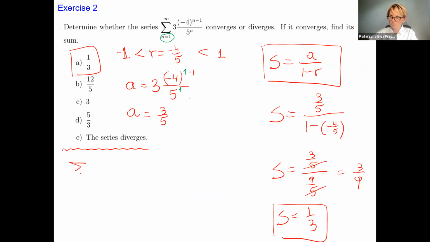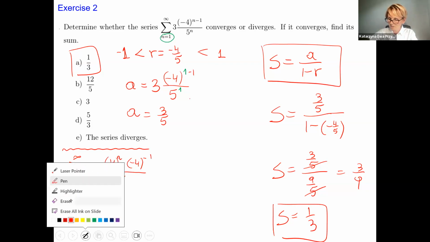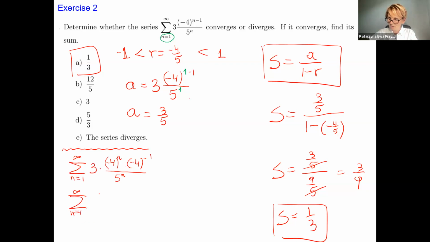We don't have to use the algebra so much. You did this, right? 3, and then -4 to the power of n, -4 to the power of -1, and then 5 to the n. That means the formula, let's check. 3, -4, and then -4. That's your formula? Oh, you're missing -4/5.